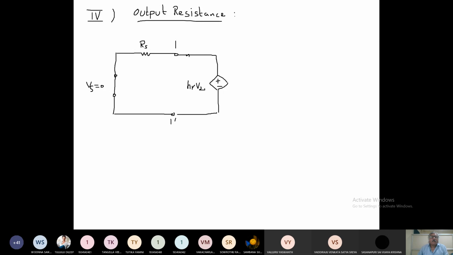Yes, here we forgot to connect the resistor, and this is HR.